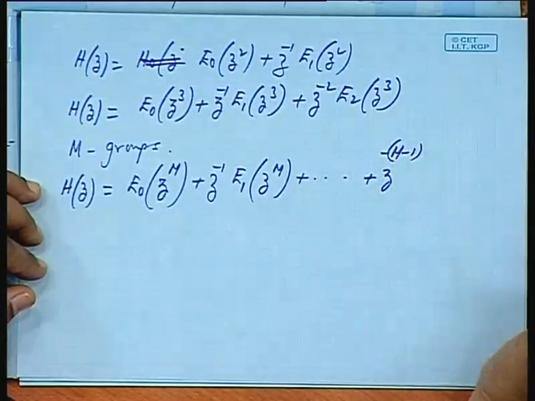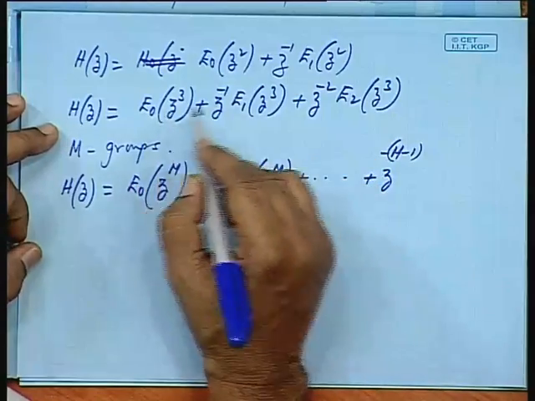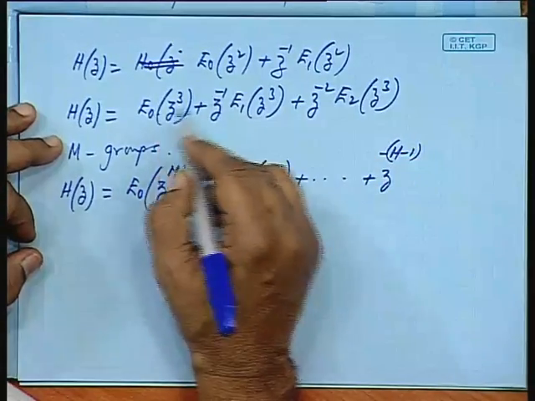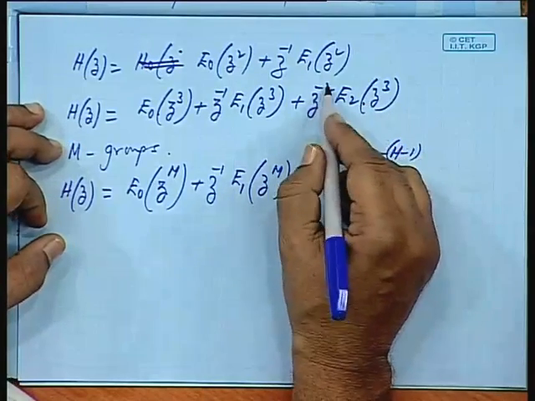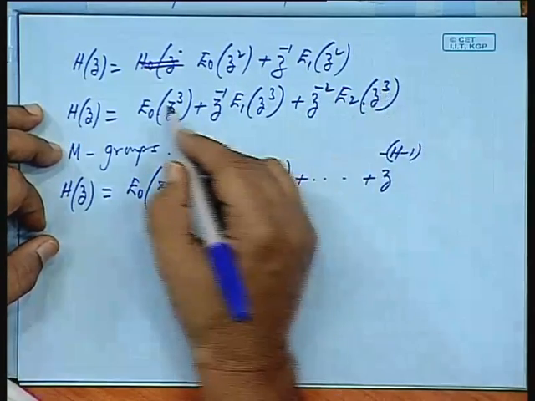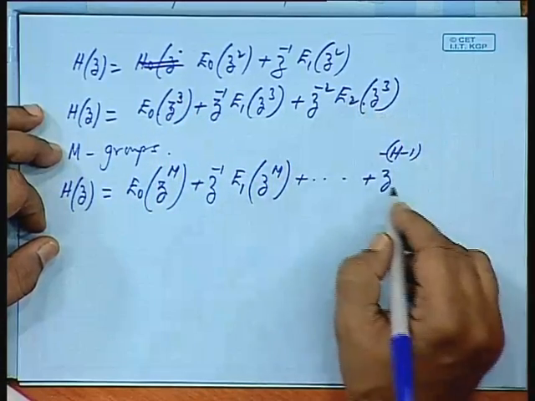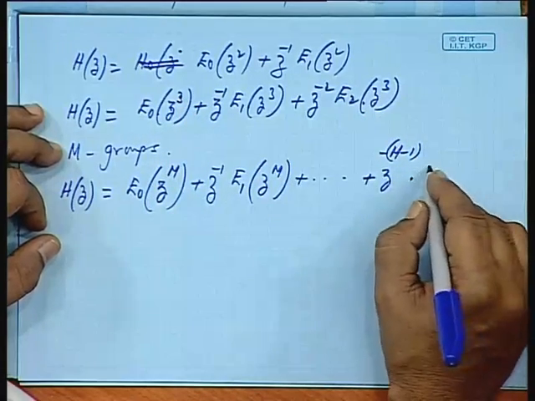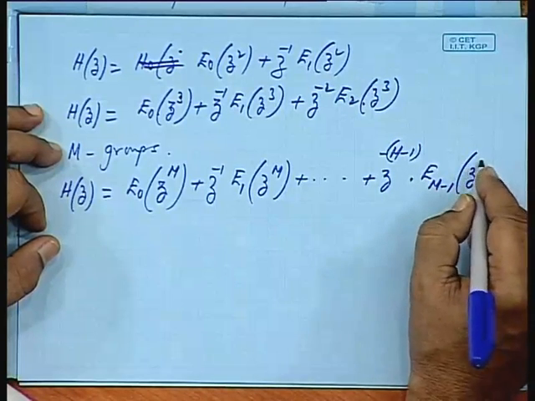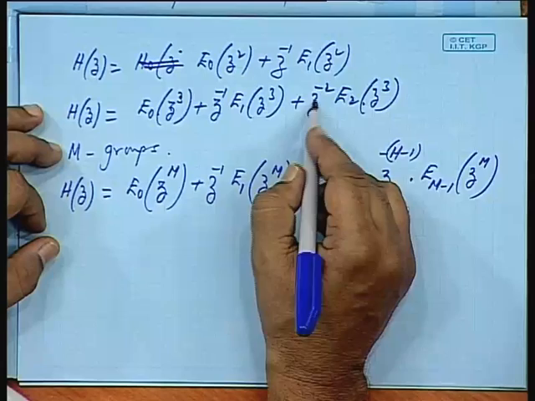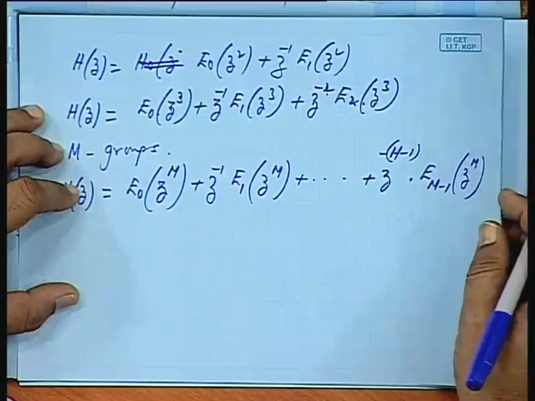See, if we pick up every third term, that is, if it is having 3 polynomials, then z to the power minus 2, and the index here is 3. So, here it will be ending at E m minus 1 z m, and z to the power the same number m minus 1.